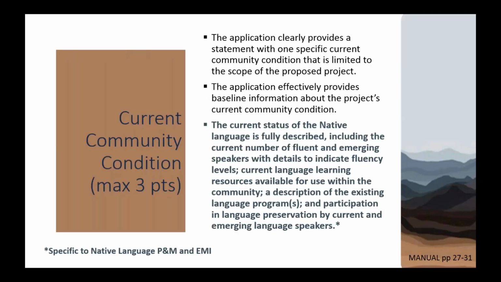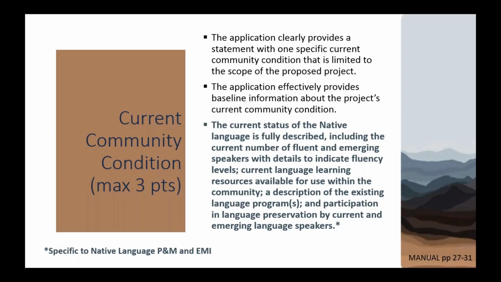And the next section is the current community condition, which is worth a maximum of 3 points and starts on page 27 of the training manual. The current community condition should include a description of one condition the project will address as it relates to the purpose of the FOA.